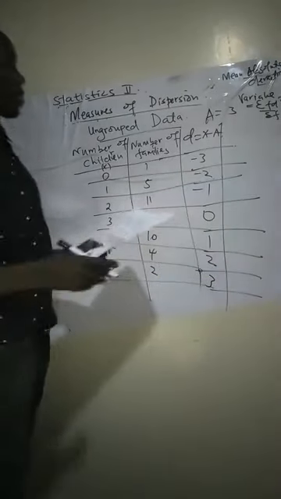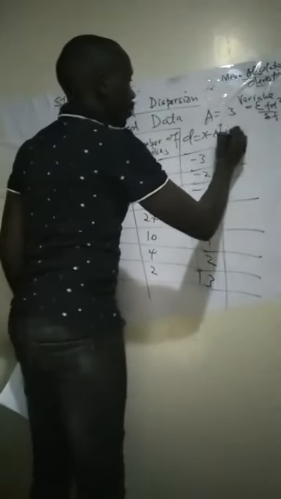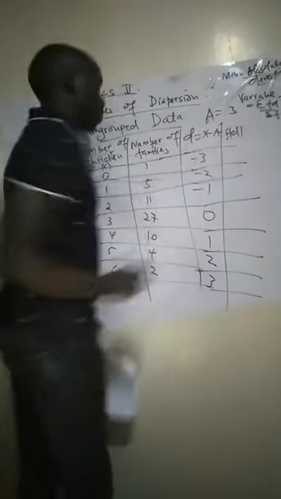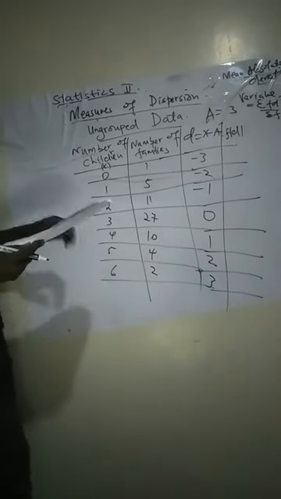However, in this case, it's still the same thing. You just ignore the negative sign. So you just find fd absolute in the case of mean absolute deviation.